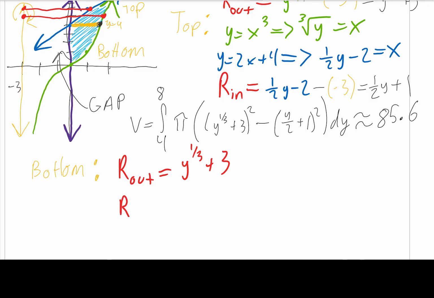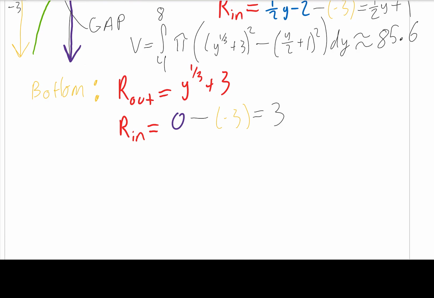So this is going to be r sub in equals, okay, so if I do an inner radius here on the lower region, notice it's going between these two, so it needs to be purple minus orange. So this will be 0 minus -3, which will give us 3.